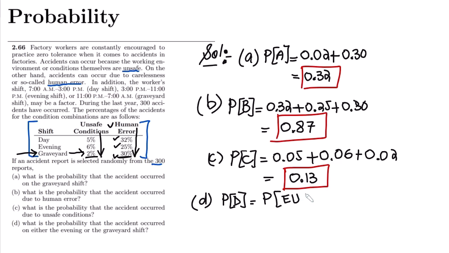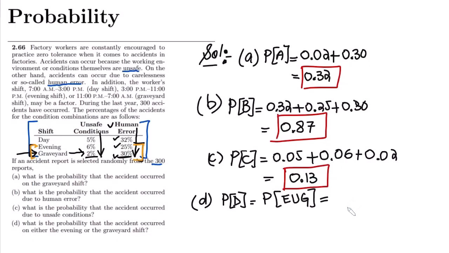These are the two conditions for which we have to find the probabilities.